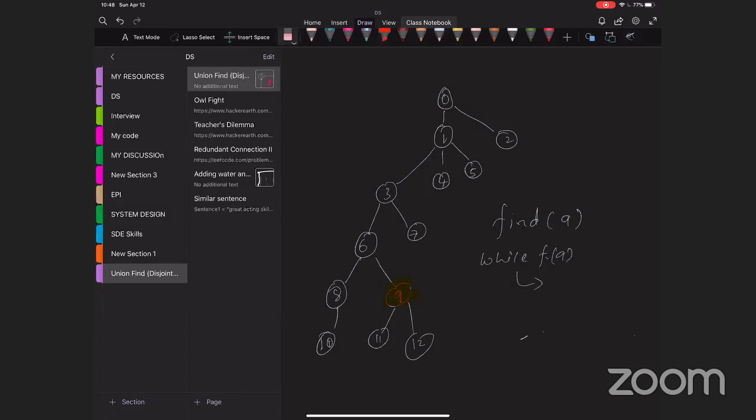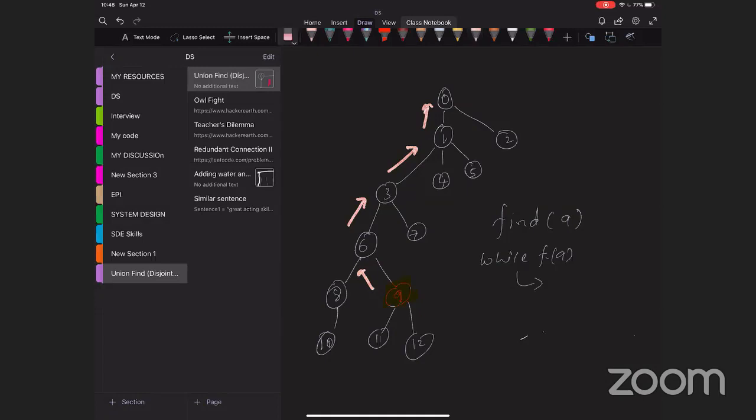We go from 9 to 6, then 3, 1, and 0, and then we return the root. Anyway, we are going through all of these nodes.